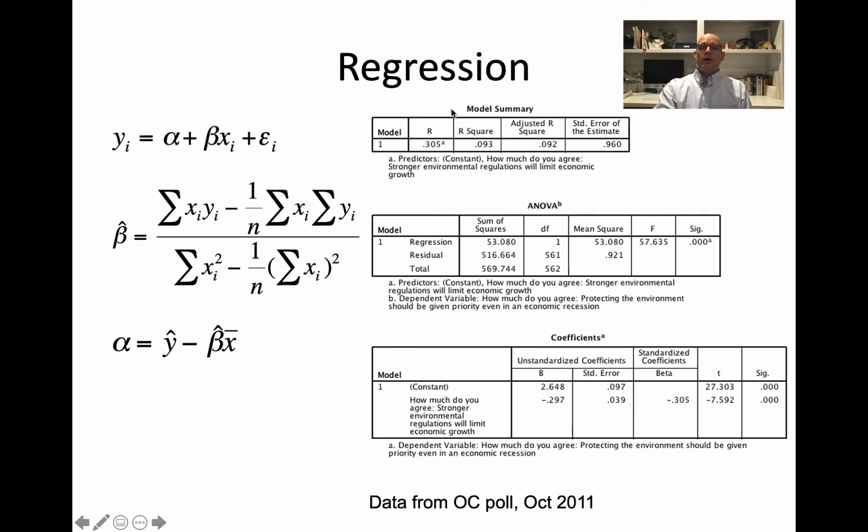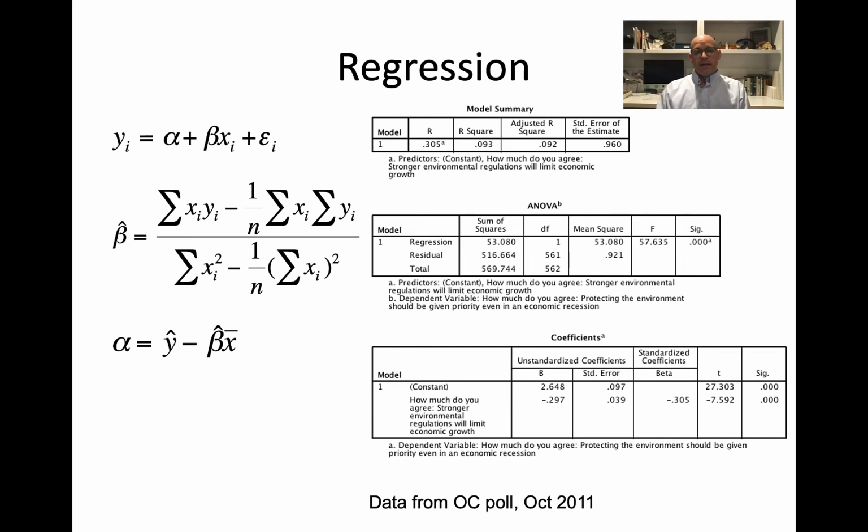All right, we go up here to R squared. When we did an XY scatter plot, we ran a line. The R squared is a PRE statistic, a proportional reduction in error statistic. It tells us the amount of the variation in the dependent variable that can be explained by the independent variable.